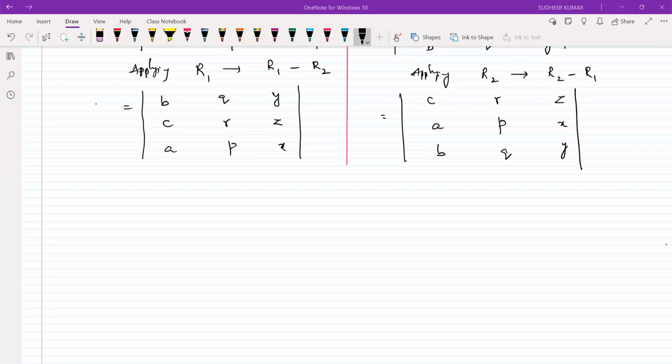By interchanging rows. Now, what are we going to interchange? First we need A, right? First element. So here, this is A, this is B. So let us interchange these two. So applying R1 interchanging to R3. Then what do we get as the result?